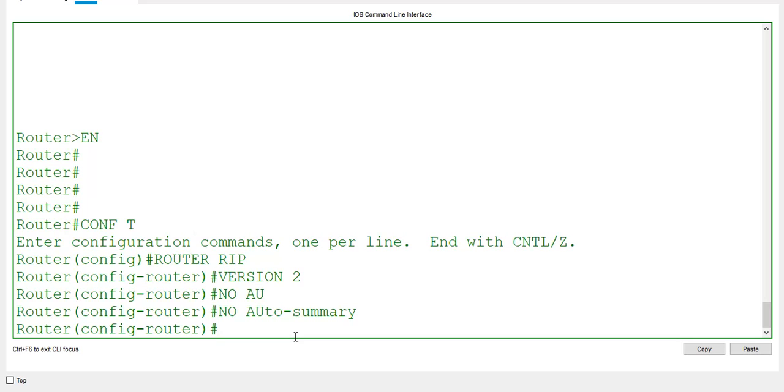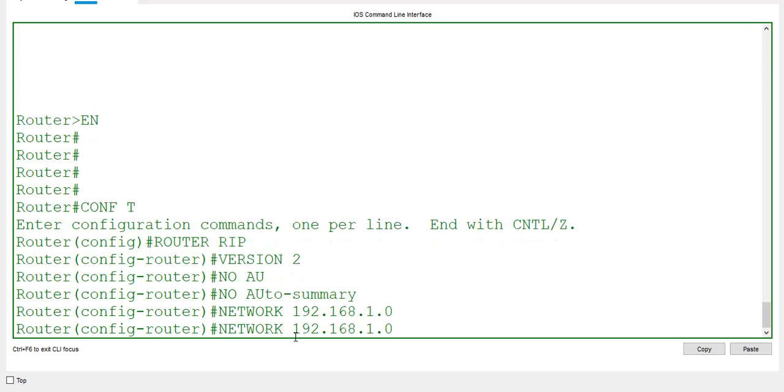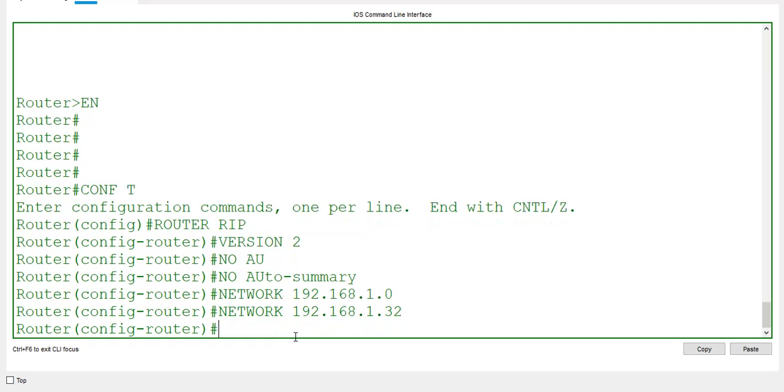So now we're going to have to advertise the network. So you have network 192.168.1.0. Here you don't have to specify the subnet mask or anything, so that's why I put no auto-summary. So my router does not automatically summarize these networks into their classful network boundaries. The next network is 32, so I press the tab key and the up arrow key, so this comes back up.